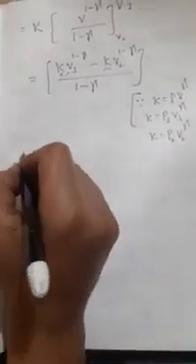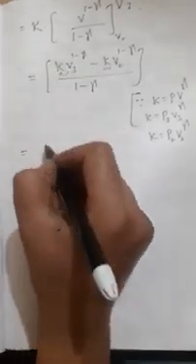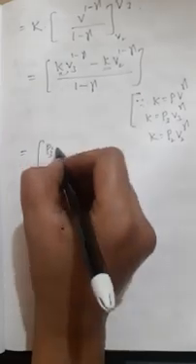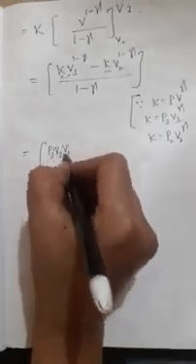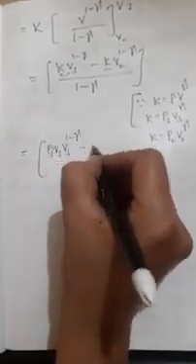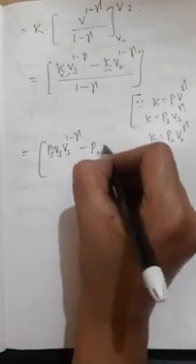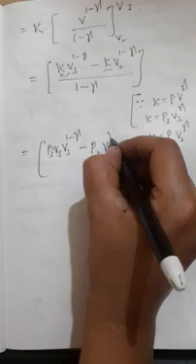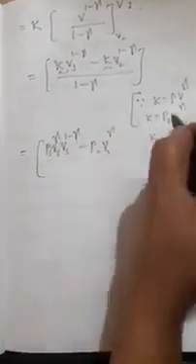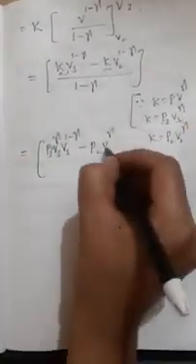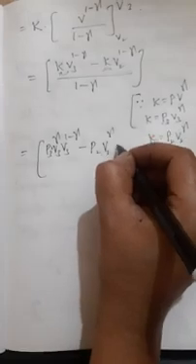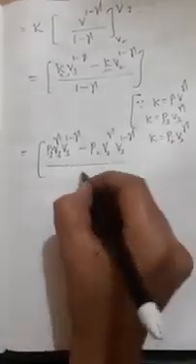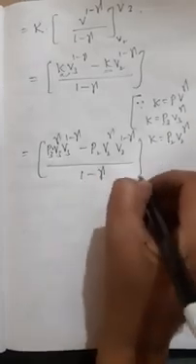So we can write here P3 V3 to the power of gamma times V3 to the power of 1 minus gamma, minus P2 V2 to the power of gamma times V2 to the power of 1 minus gamma, divided by 1 minus gamma.